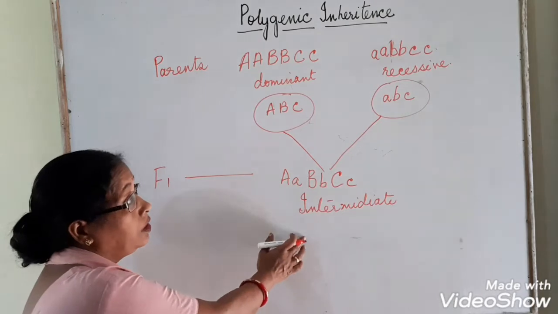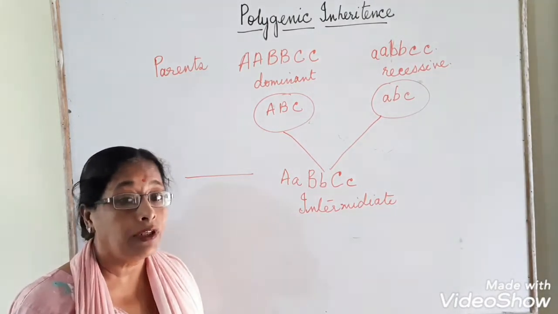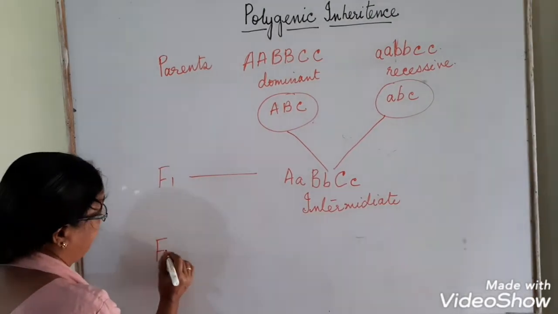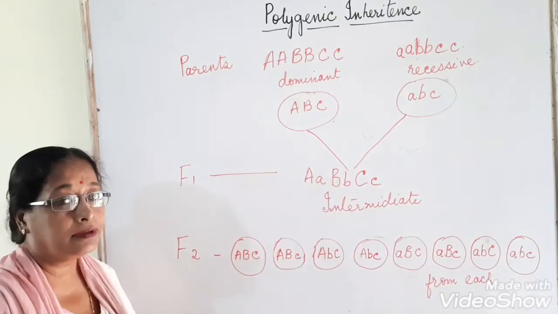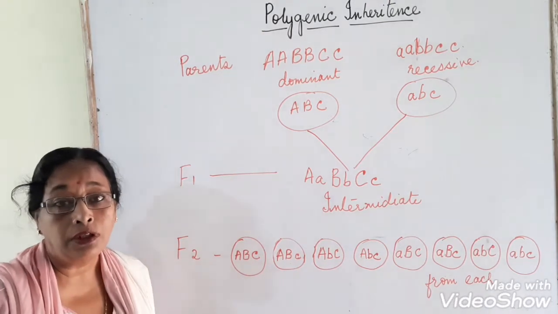So in the F1 generation we get an intermediate color. Now let us see what we will get in the F2 generation. These are the possible gametes that we get in the F2 generation.